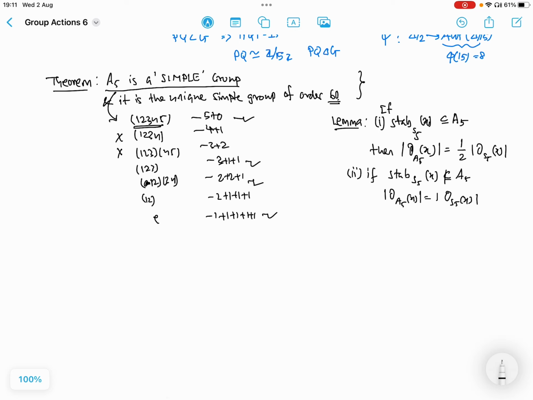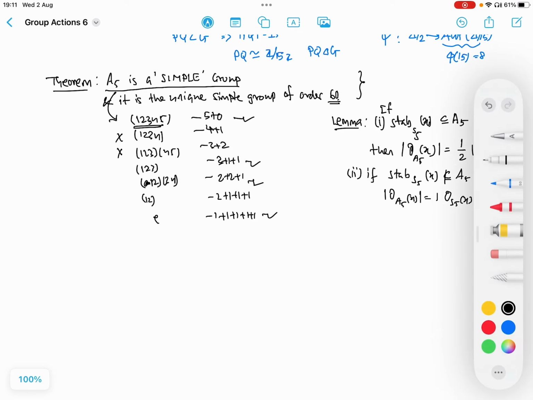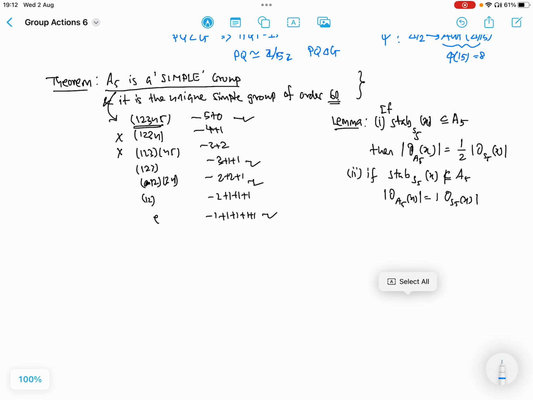Okay. So now let's see how we can apply that lemma. I will come to the proof later. So, for example, let's just take this element, say the element (1 2 3). Here you can see this commutes with (1 2 3), right? Because this is a product of disjoint cycles.